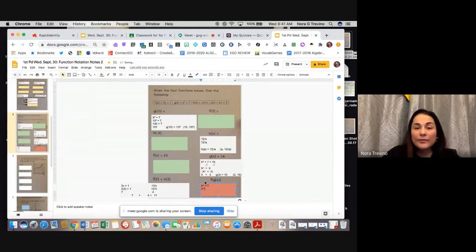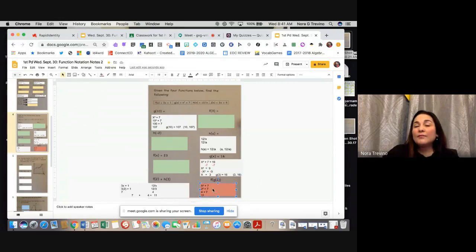Plus 7. Okay. And then I solve that part. 2 squared is 4, and 4 plus 7 is 11. So I solved the inside. I solved this part. So all of this is just an 11.